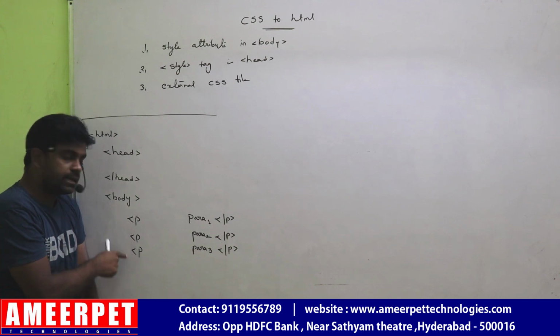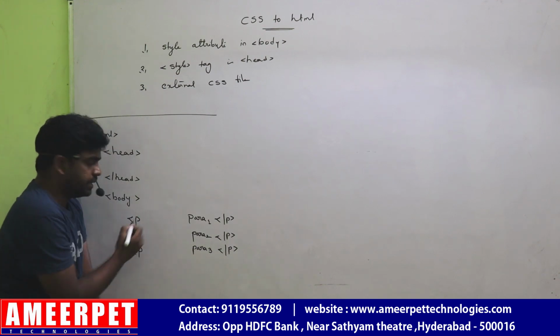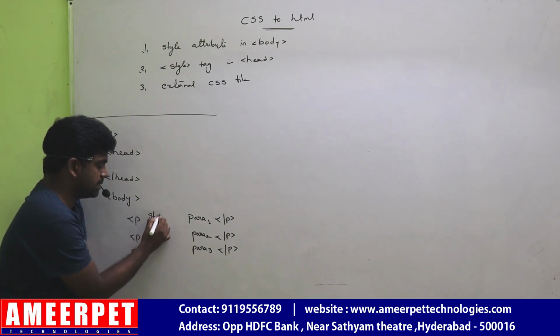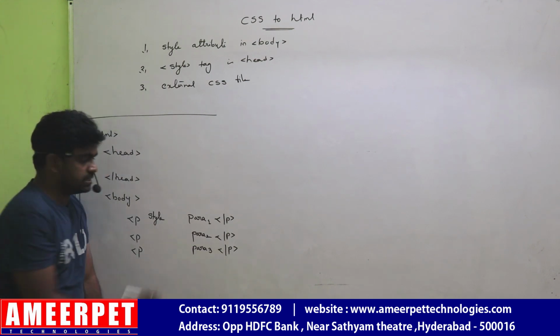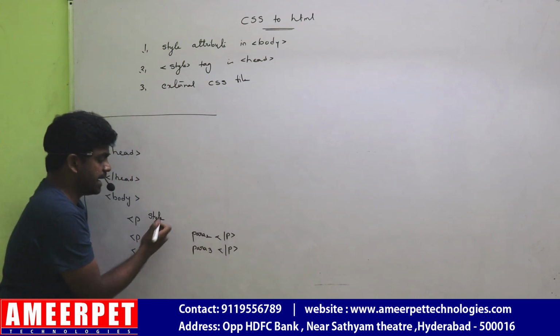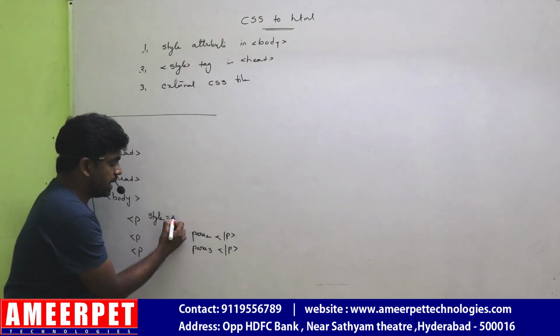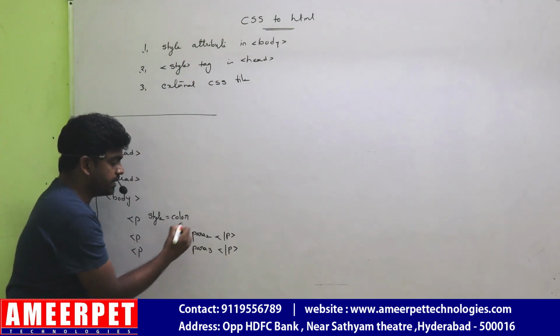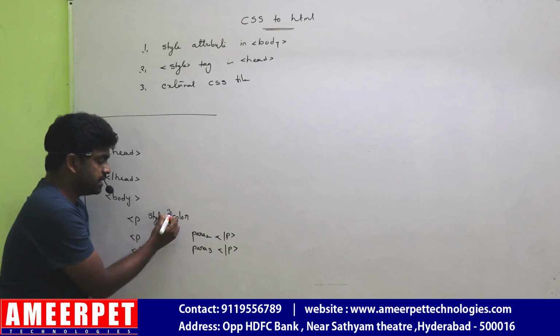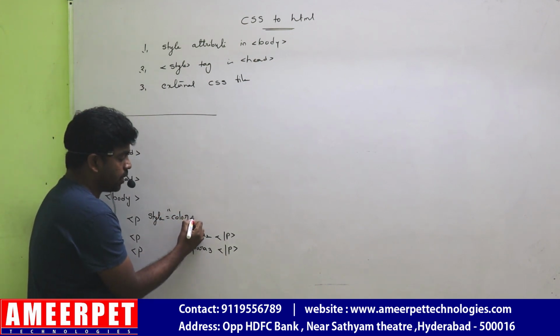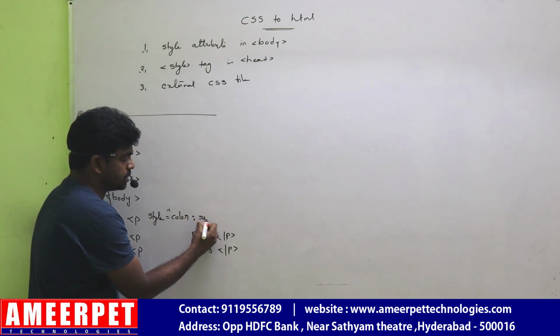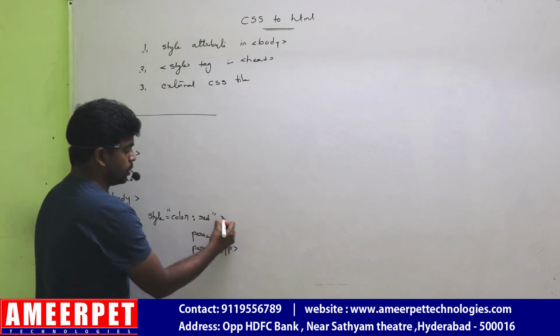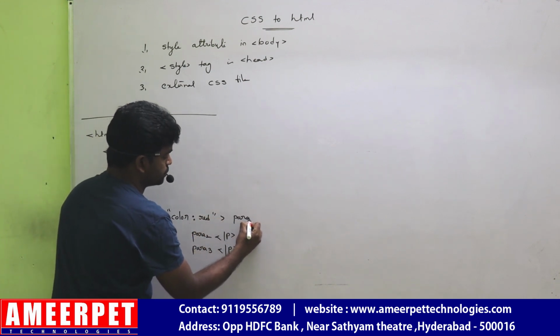So this is the start tag. Inside that you need to specify the style. Style is equal to color. We represent it with double quotes. Color colon. What is that color? Suppose red color. Close.